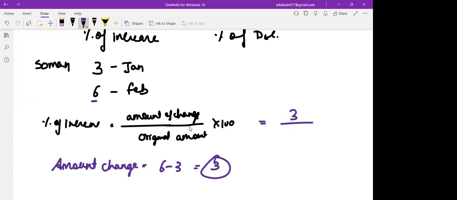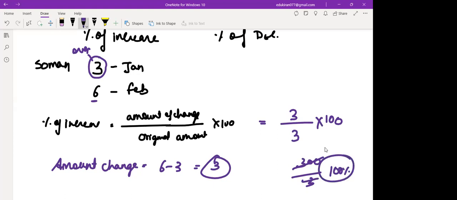What is the original amount? Original means the first one. Earlier he scored 3, so this is the original amount. Multiply by 100. So you get 300 by 3, which means the change is 100%. Clear? Yes, ma'am.